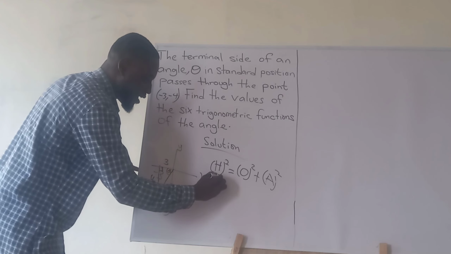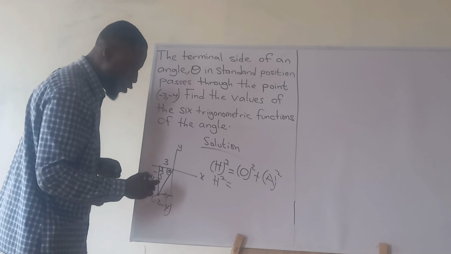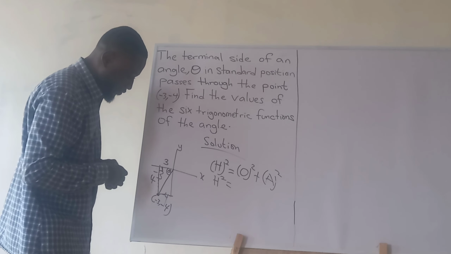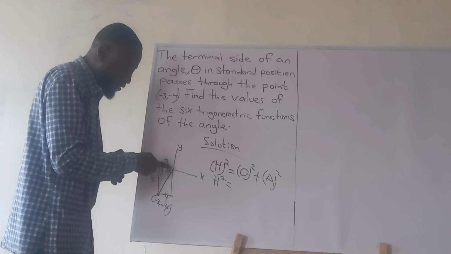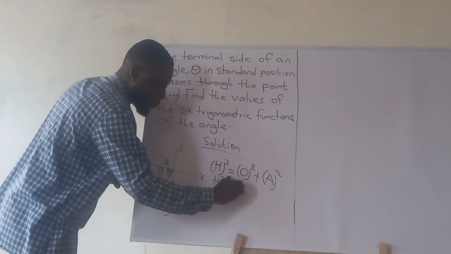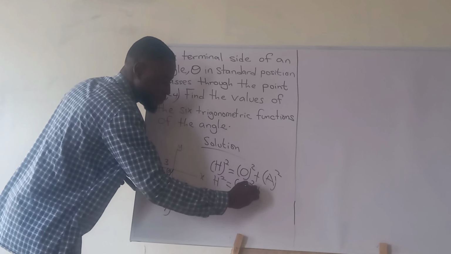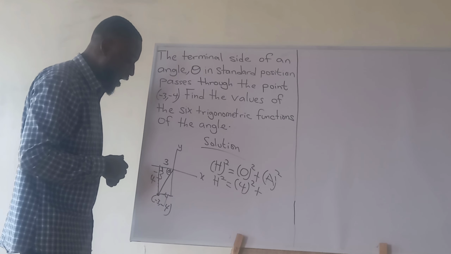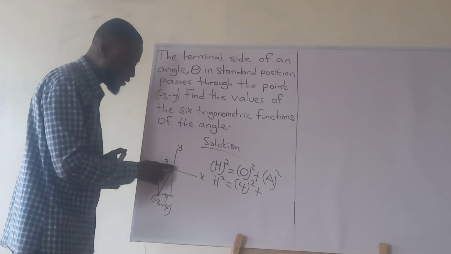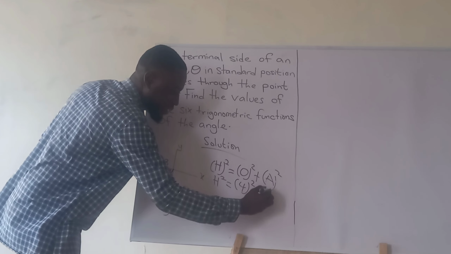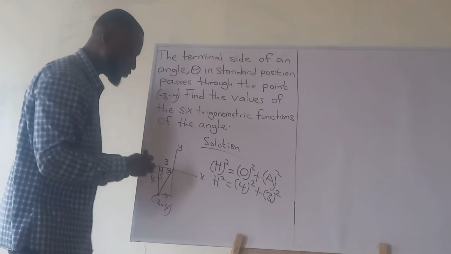So H squared will be equal to opposite. Where is the opposite? The length the angle is facing is your opposite, so 4. So 4 squared plus adjacent squared. This is your adjacent to the angle, 3. So 3 squared.